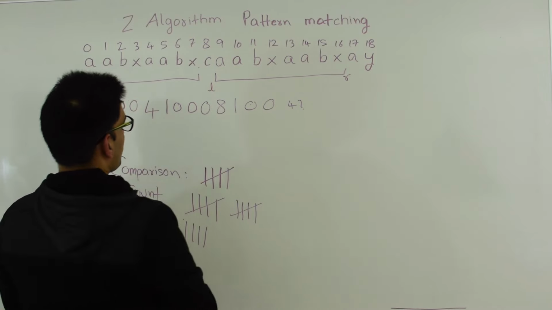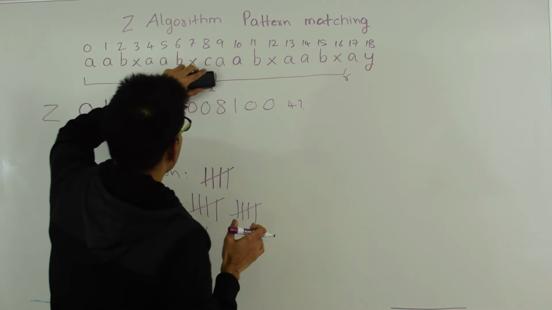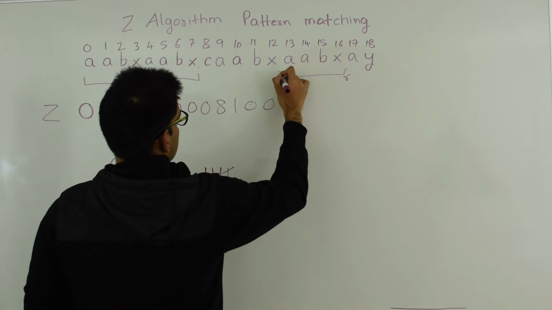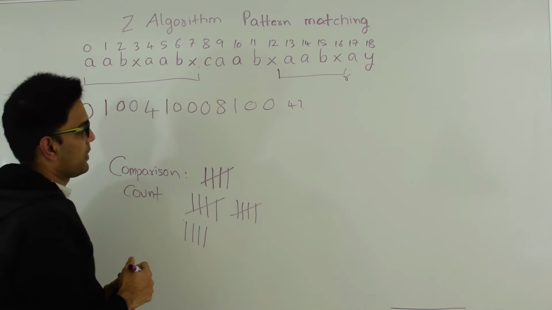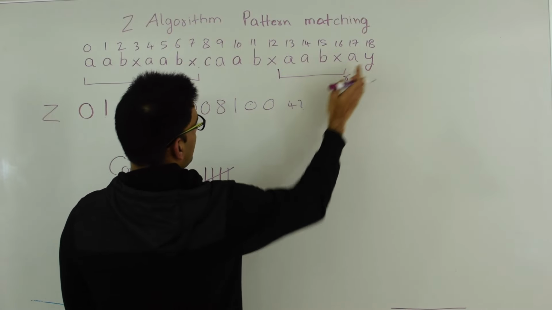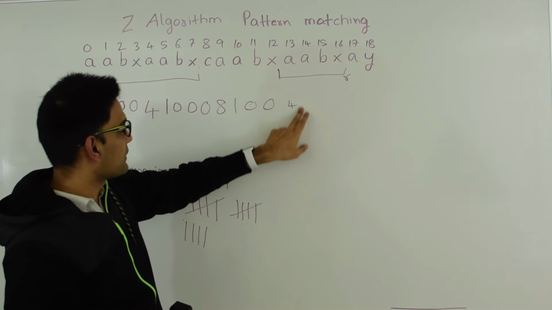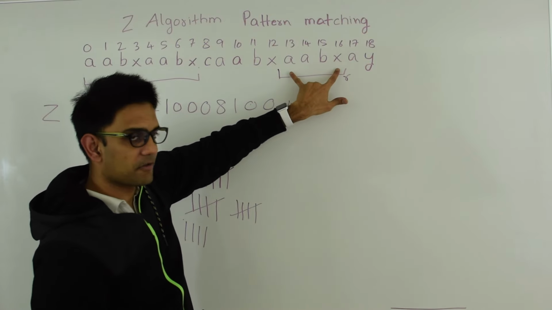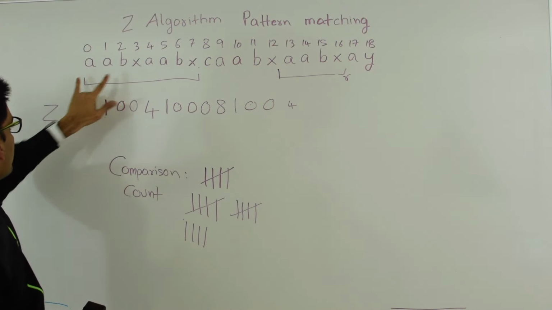So first thing we are going to do is move my left bound to this point here. So this is the start of my left bound, and now I'm going to do further comparisons from here onwards. We already know that there must be a substring of length 4, which is also a prefix.